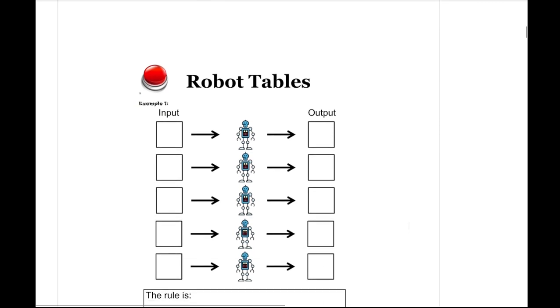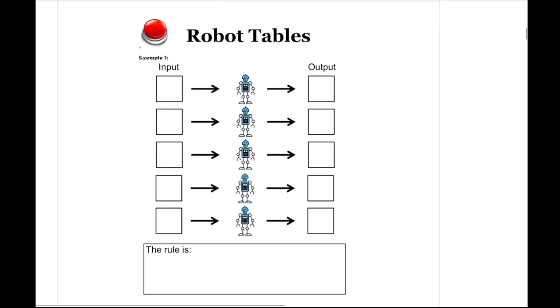So if we look at another table, let's say we look at the numbers 2, 4, 7, 10, and 0. So we plug all those numbers in. Our robot goes through some calculations.